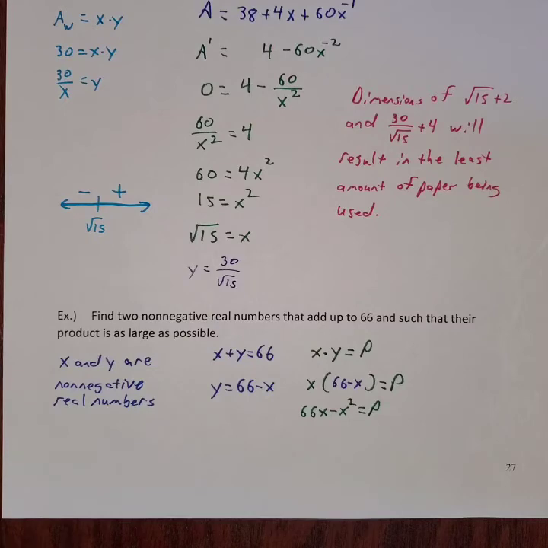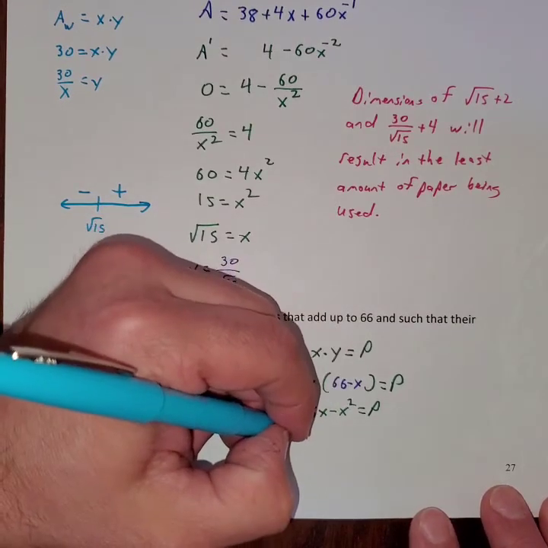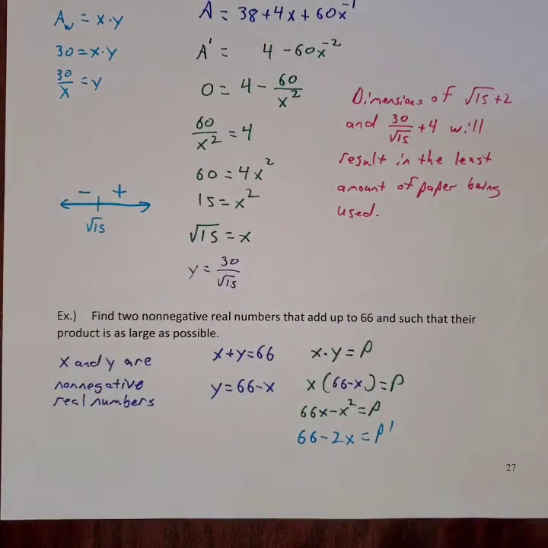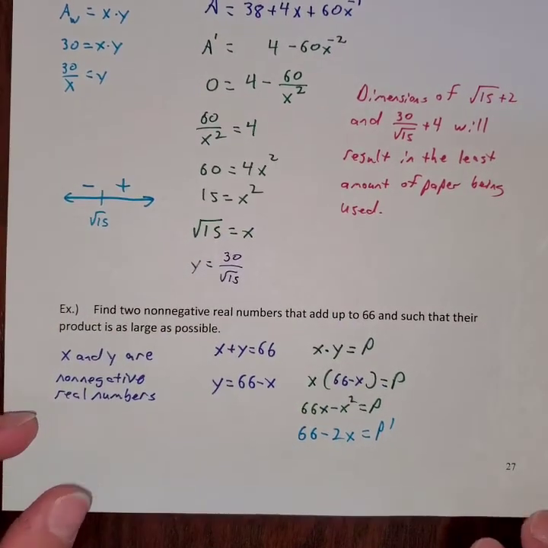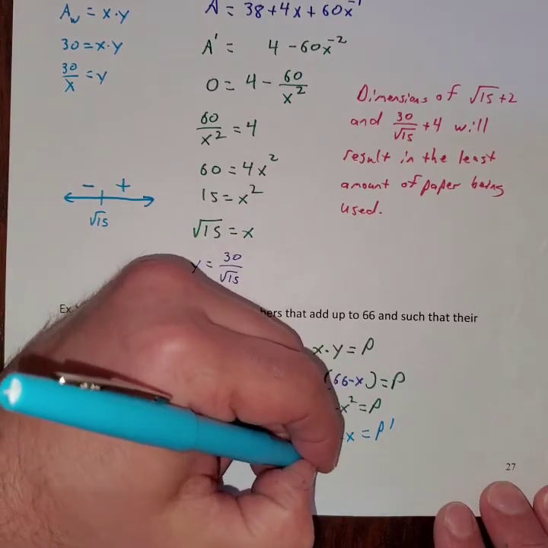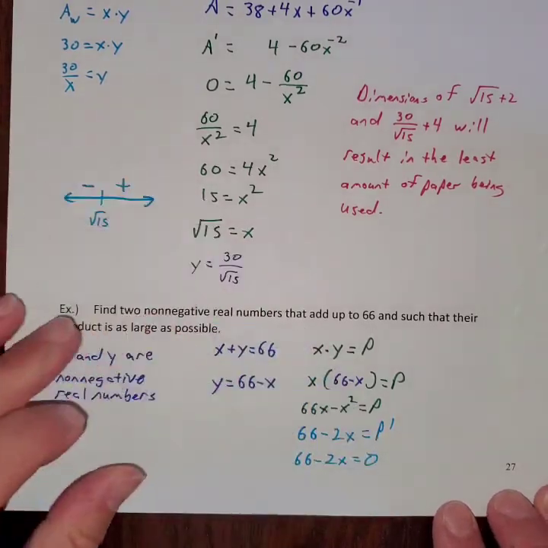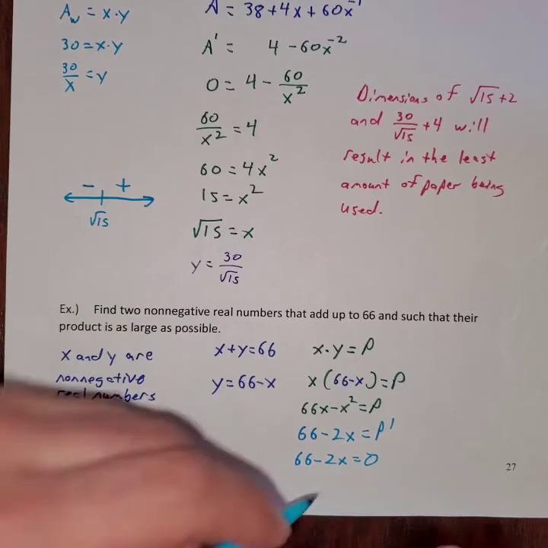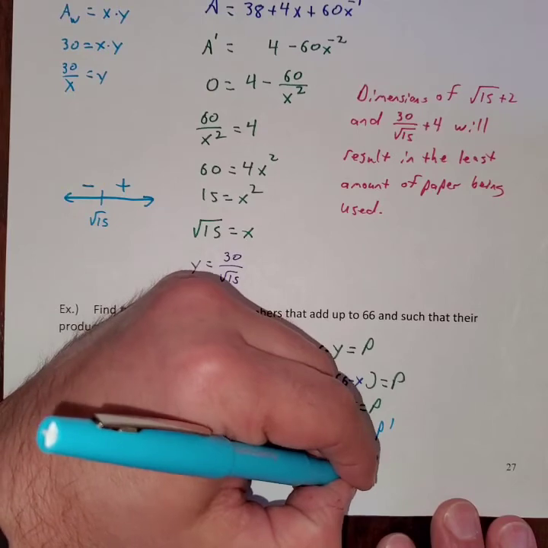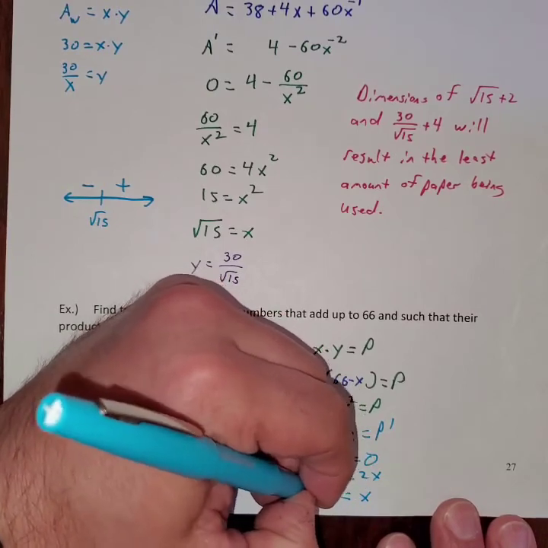So my derivative, P prime, is 66 minus 2X. I want to know a maximum, so we set it to 0. Then I'm going to move the 2X over and divide, and X equals 33.